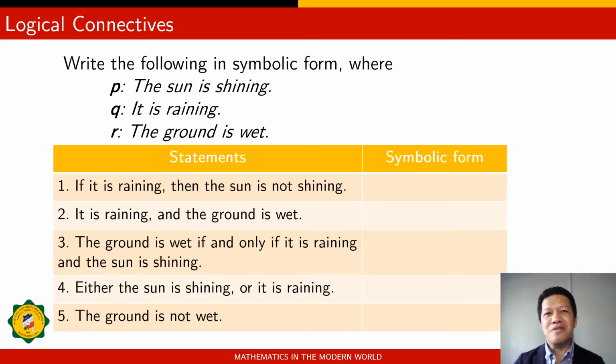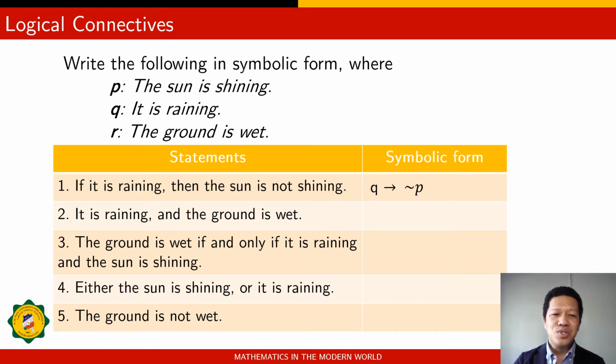And the symbol for if then is the line with one-headed arrow. Since it is raining, that's letter Q, and the sun is not shining, so there is a negation of this. So we have to put a symbol for negation, for not, in the letter P because the sun is shining, and this is the symbol form.